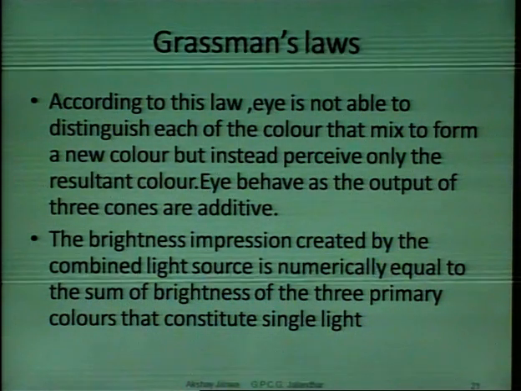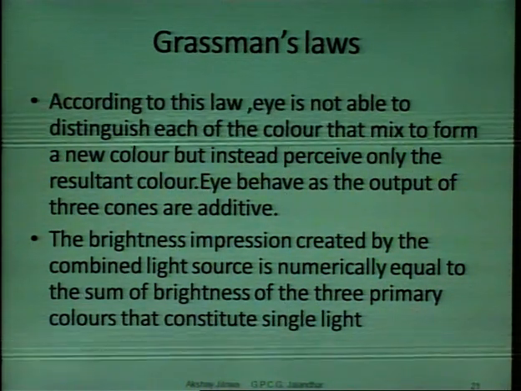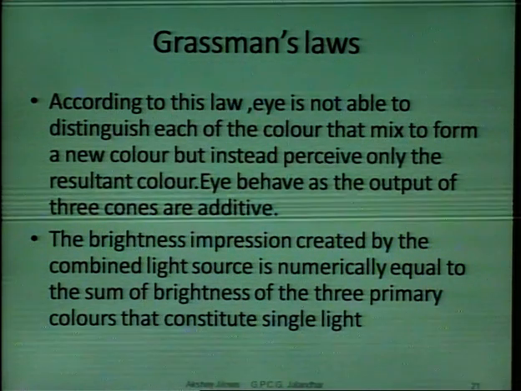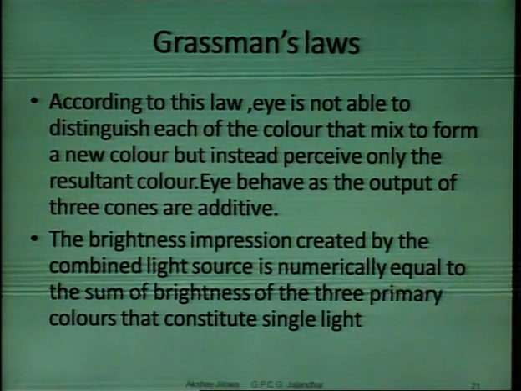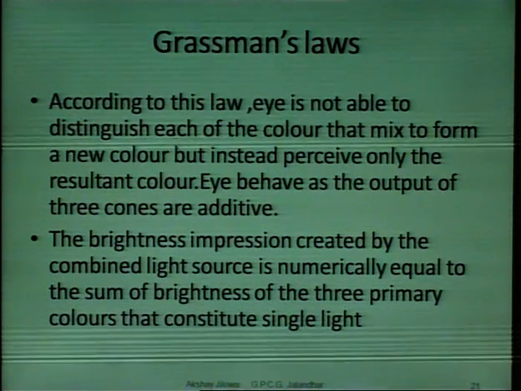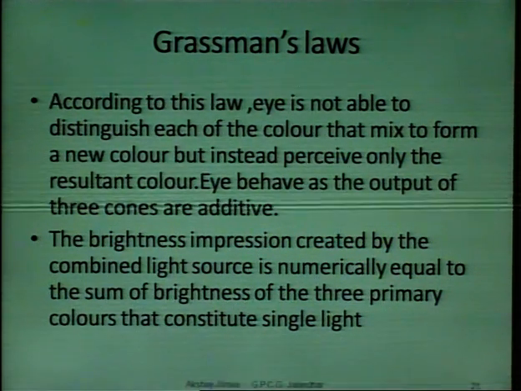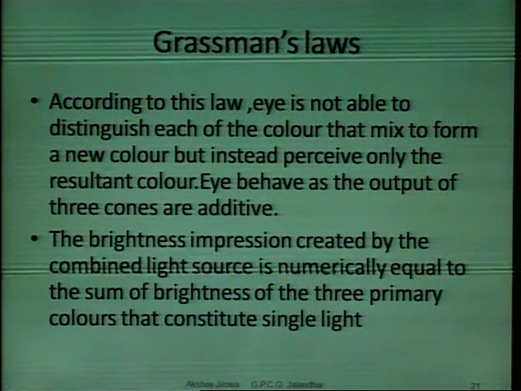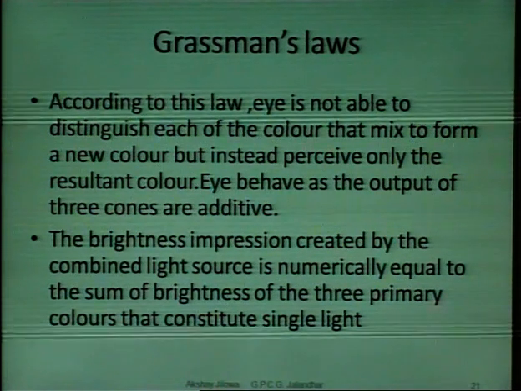The individual brightness level of any primary color is numerically added when a new color is formed by mixing two or more primary colors.